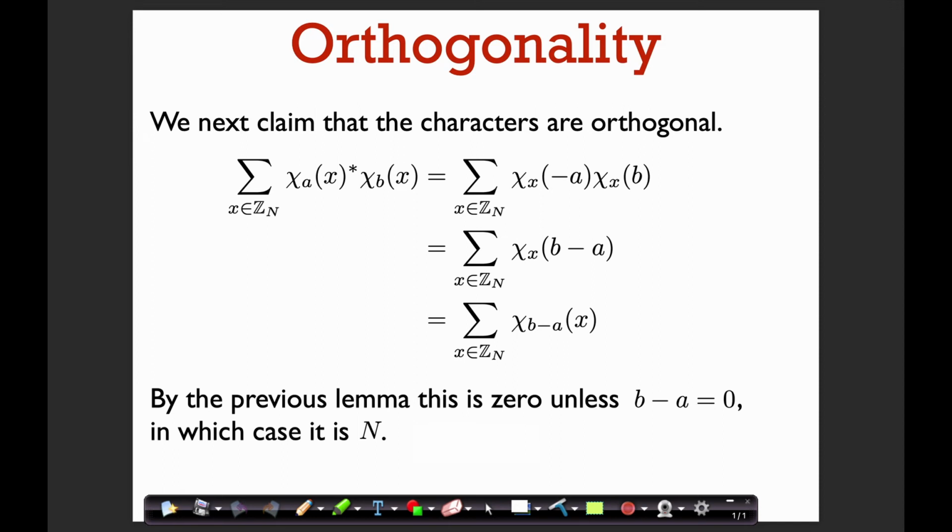Now I'm summing over all x in Z_n, and you see that this is a special case of the previous lemma. So it's basically like where we're using the set R as the set of all a such that a mod 1 is equal to 0. Mod 1.